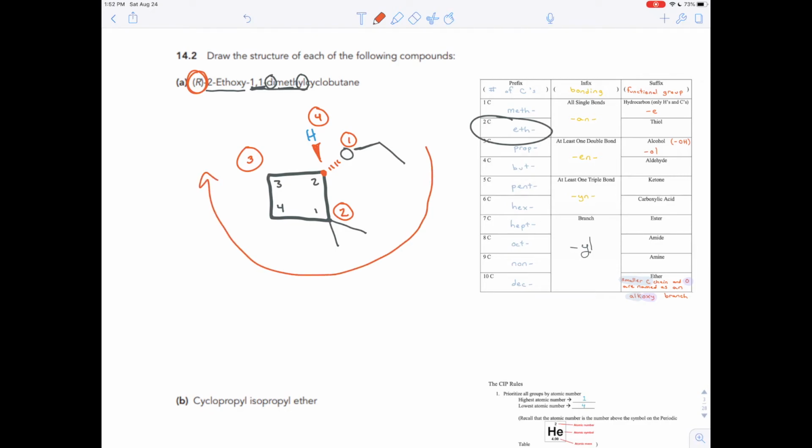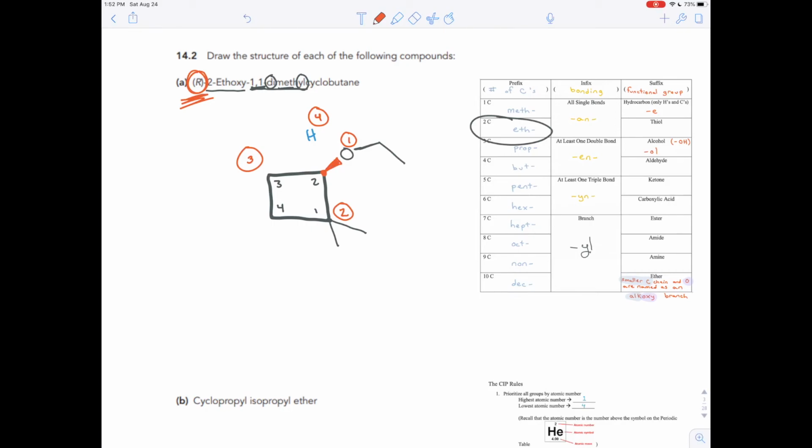So that would have looked like it would have been clockwise, so R, but the fourth thing would have been coming out, so we would have switched it. And that is not what we want. We don't want S. So we would have erased that trial and switched the configurations.